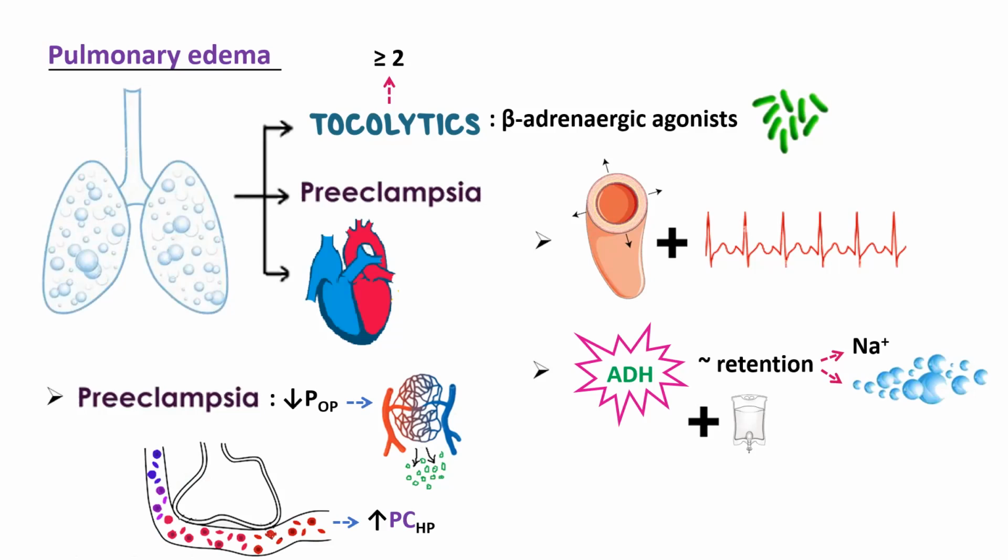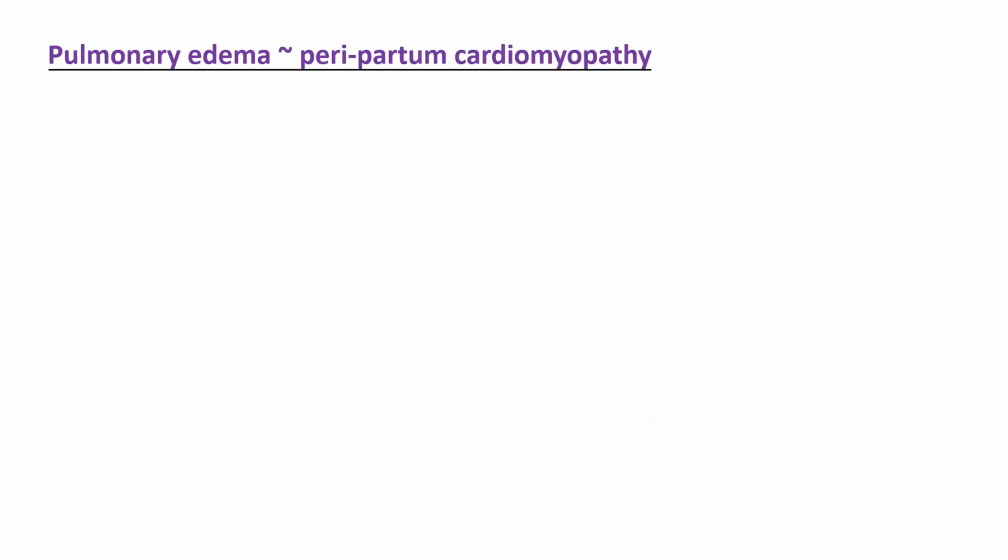So vasodilation and tachycardia having an effect, ADH activation leading to increased fluid and water retention, significant capillary leakage with reduction in oncotic pressure that happens in preeclampsia, and hydrostatic pressure, which increases, pushing the fluid into the alveolar space. So this is in essence the changes that tend to push them into pulmonary edema in pregnancy.